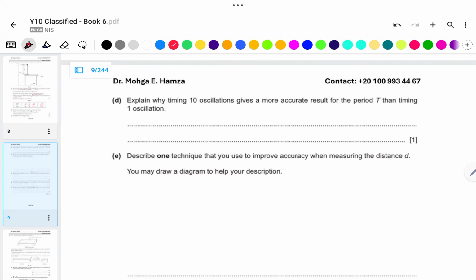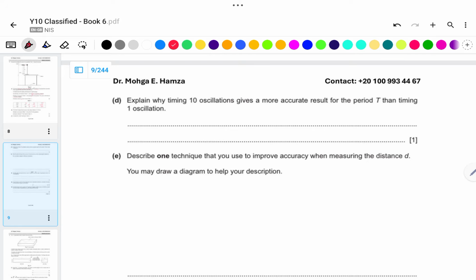The last part, explain why timing 10 oscillations gives a more accurate result for the period T than timing one oscillation. This one's easy. When we're timing only one oscillation, of course we get lots of errors because we have different reaction times.